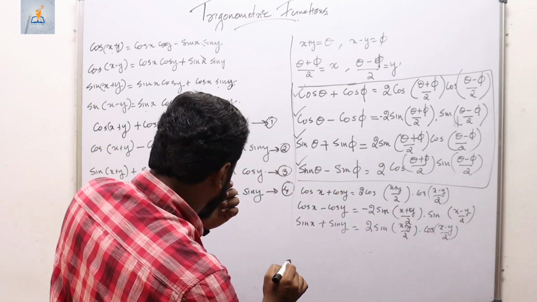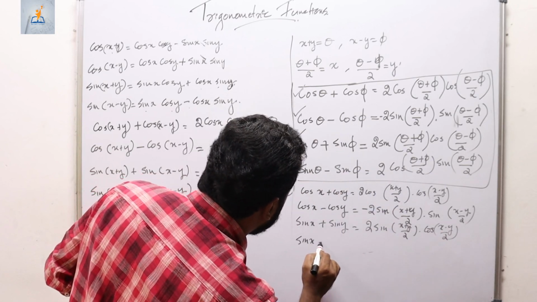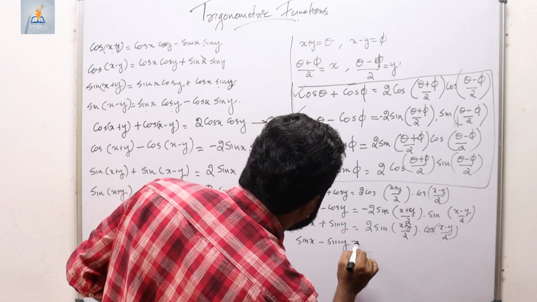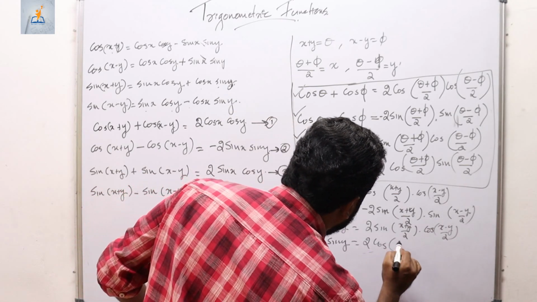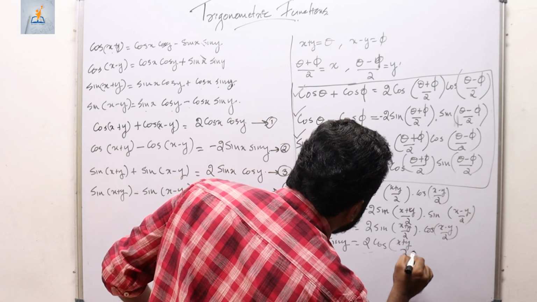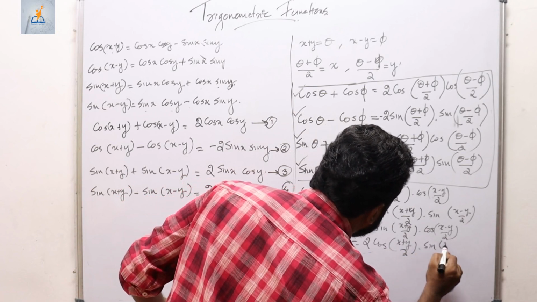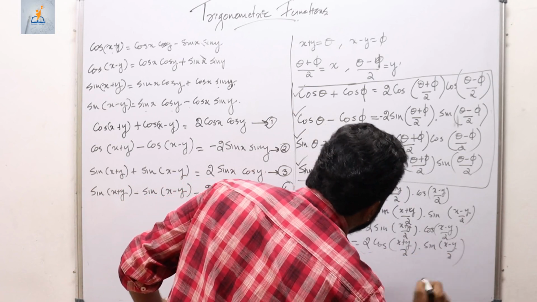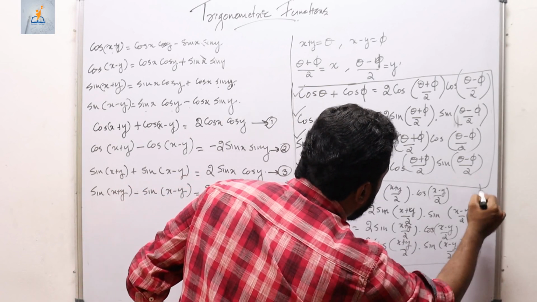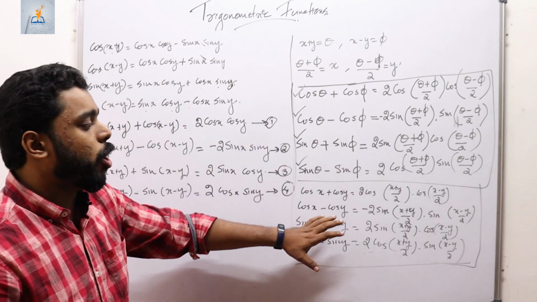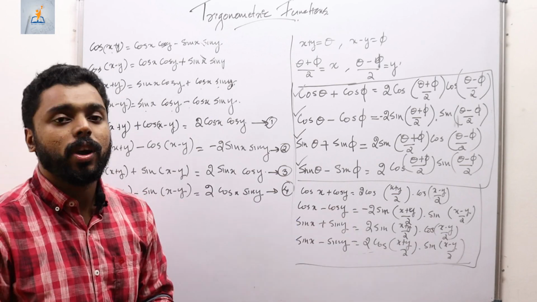And in the last equation we have sin x minus sin y is equal to 2 cos (x plus y)/2 into sin (x minus y)/2. So these will be another four important trigonometric identities that we have to learn.